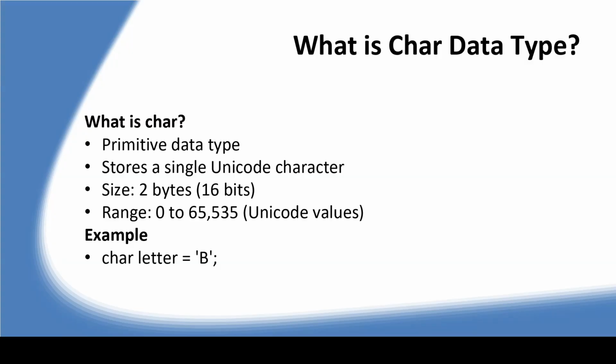So, the syntax of declaring a character variable is char variable name equals to value. So char is the data type, variable name is the name of the variable, which is letter in this case, and B is the character value assigned to the variable.